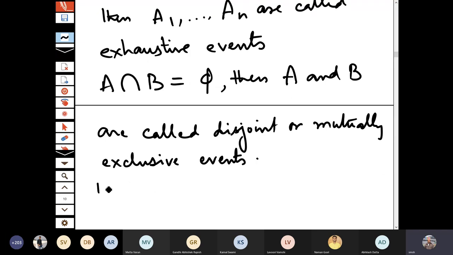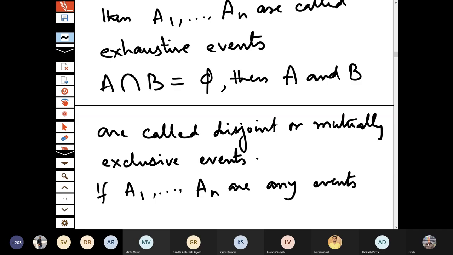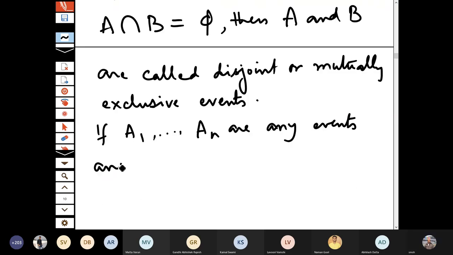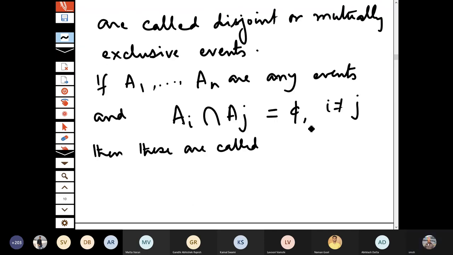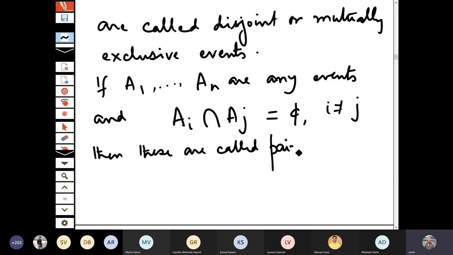If A1, A2, up to An are any events and Ai intersection Aj is phi for i not equal to j, then these are called pairwise disjoint events.